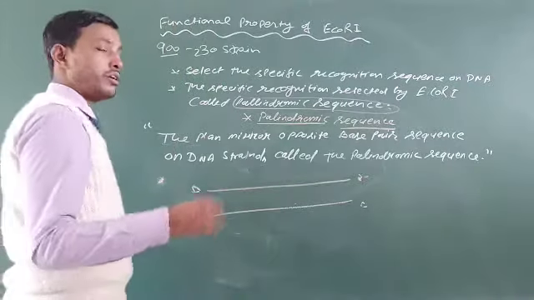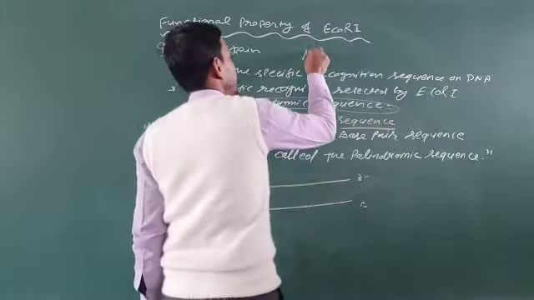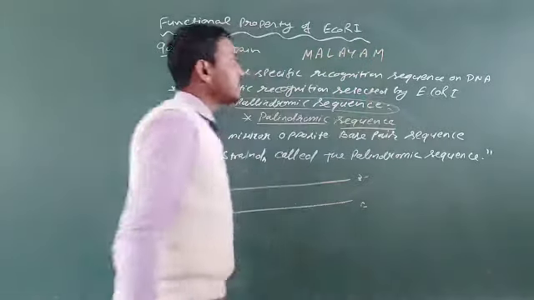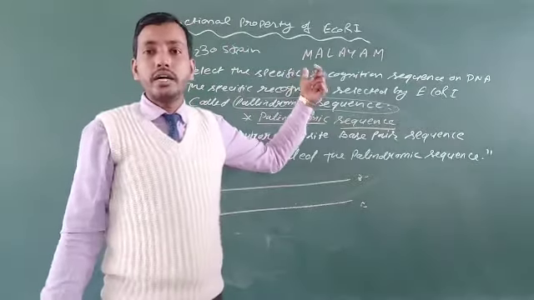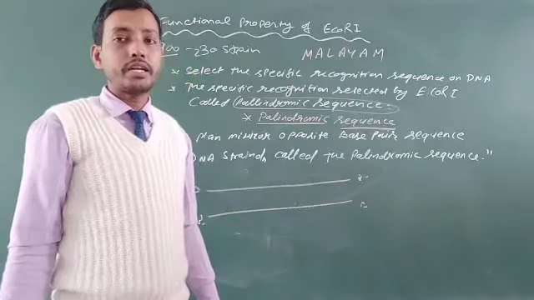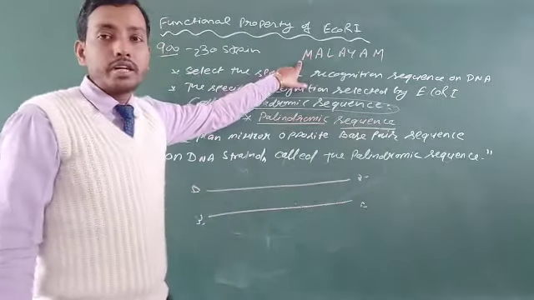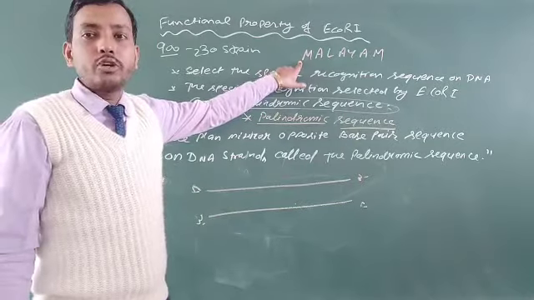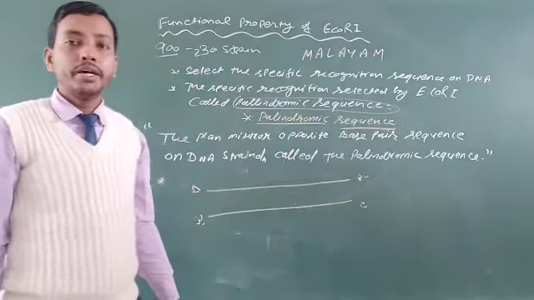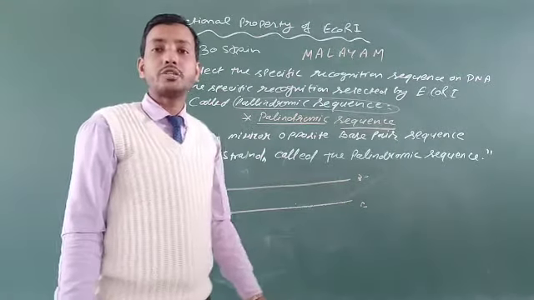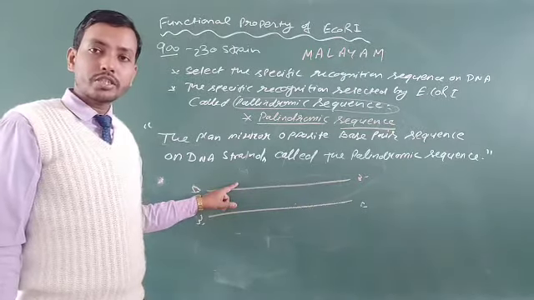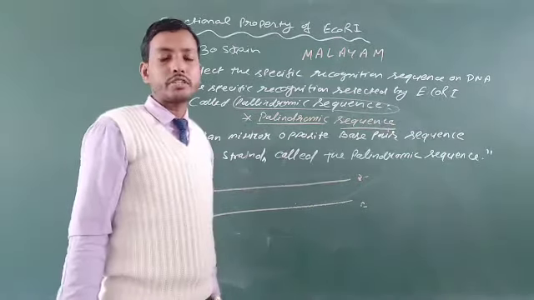M-A-L-A-Y-A-L-A-M. Whether you read from the right side or the left side, you get the same spelling. This kind of sequence should be available on the first strand and second strand of DNA.